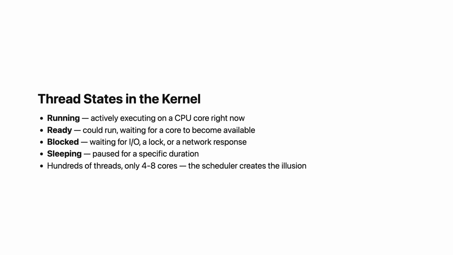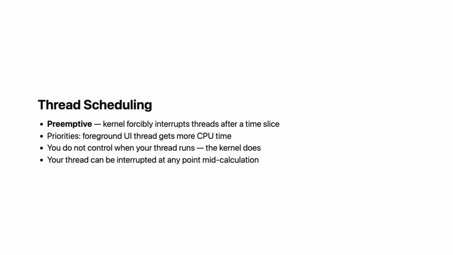The scheduler uses priorities to decide who goes first. On Android, the main thread of the foreground app gets a higher priority than background threads. This is why your UI stays responsive even when a background download is happening. The system is biased toward giving CPU time to the thread that the user is directly interacting with.